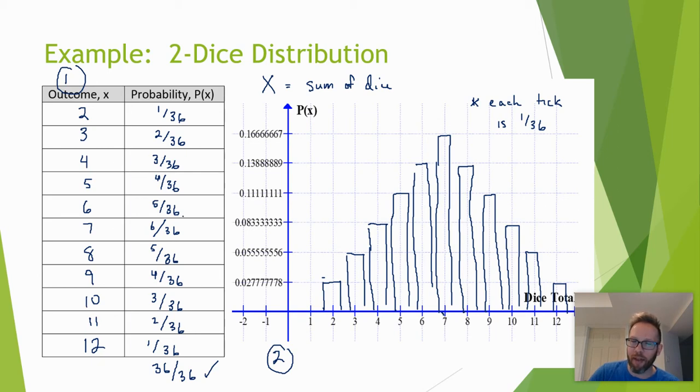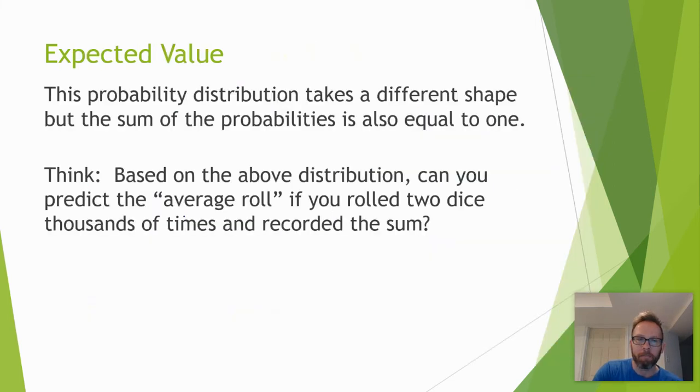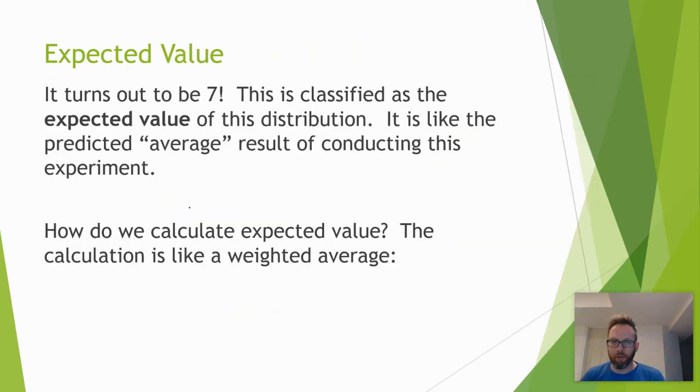And we can actually just find the average. And instead of having 36 things added together, you can write it like this. We have a total of 2, it happened 1 time. A total of 3 could happen 2 ways. A total of 4 could happen 3 ways. And now that's a long calculation, so I'm not going to write it all down here, but you can get a total of 11 2 ways and a total of 12 1 way.